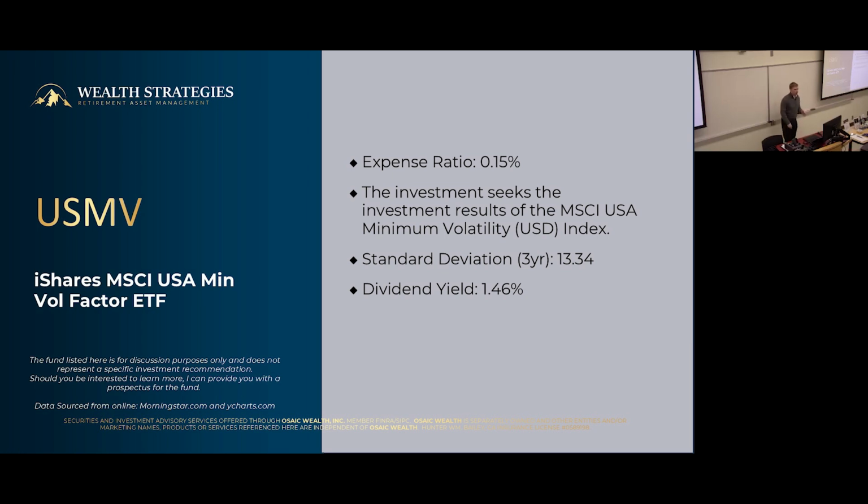So if you buy this, you're not going to expect the returns and volatility of a growth fund. You're probably going to feel something closer to a value fund, but maybe even more cherry-picked. If we look at the standard deviation, this is a bit lower than something like an S&P fund or a growth fund. It's at 13.34, which is a lot closer to the balanced fund that we put below that.